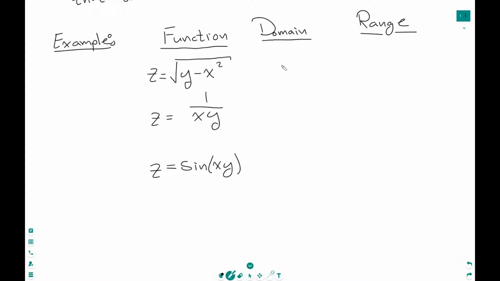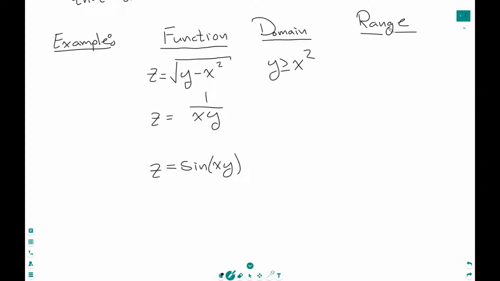So I need y to be greater than or equal to x squared. So this gives us our definition for the domain. It's all x and y values such that this is satisfied.